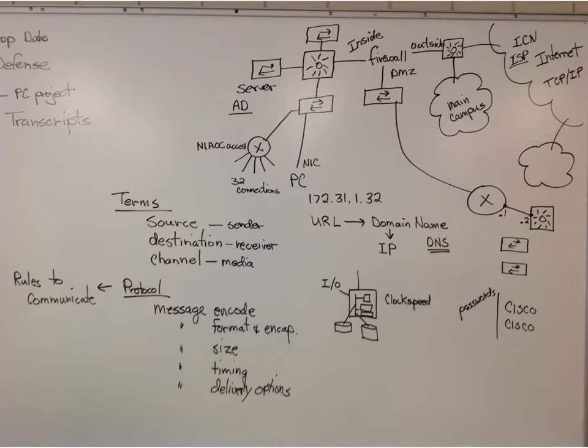First thing we did was we took a look at some communications things. The Iowa Communications Network. We talked a little bit about the internet and connecting in. So we have this connection to the internet. From here we have the main campus, and then we go to our firewall. And we have talked about firewalls before and how they restrict traffic.